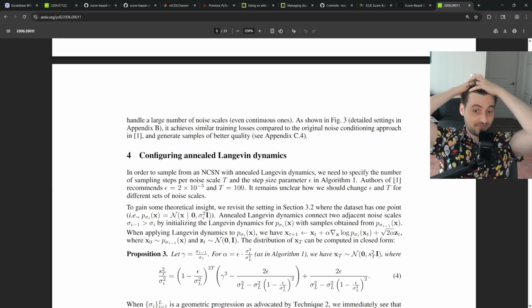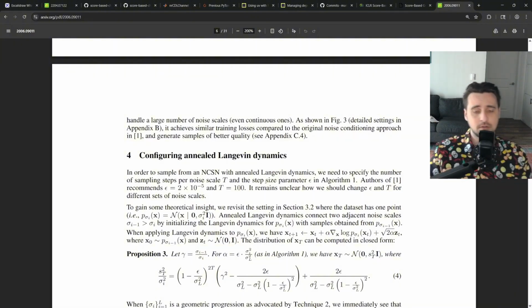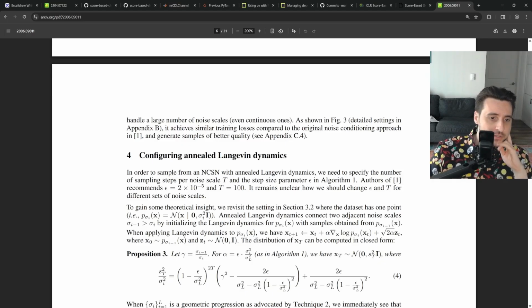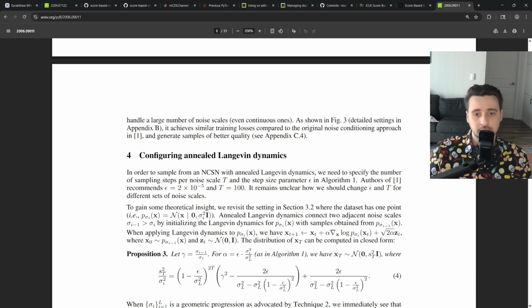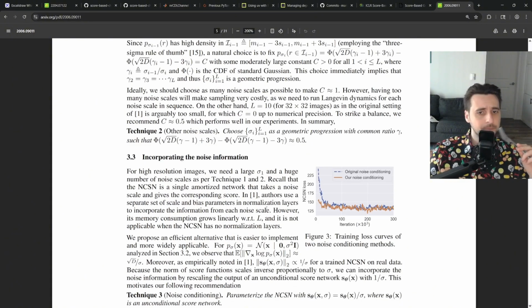Wow. I feel like I'm doing something bad here. Sigma L is the maximum noise level, right? It is not. Is it?